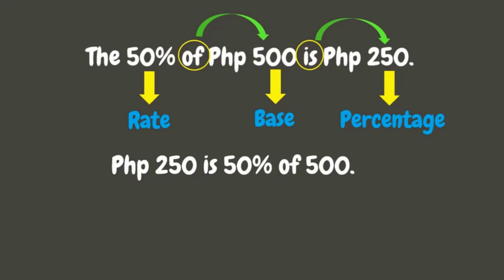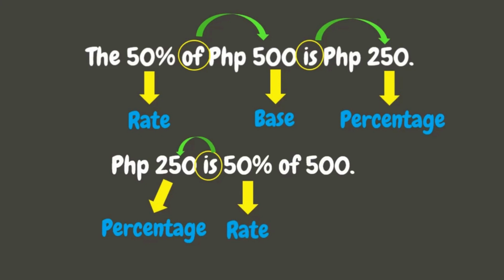To identify the rate, base, and percentage here, let's take a look. If the number is beside the word is, that is the percentage. While 50% has percent sign, that means that is the rate. And 500 comes after the word off. That means that is the base.